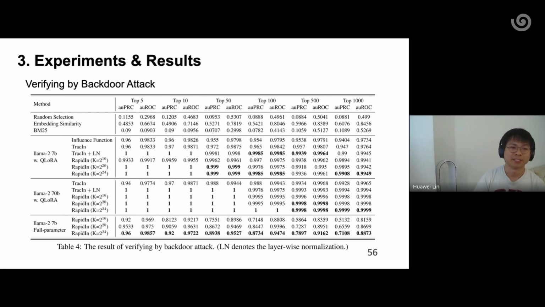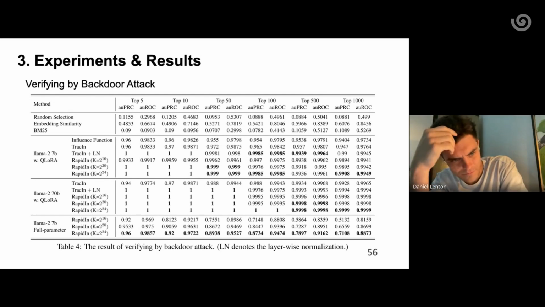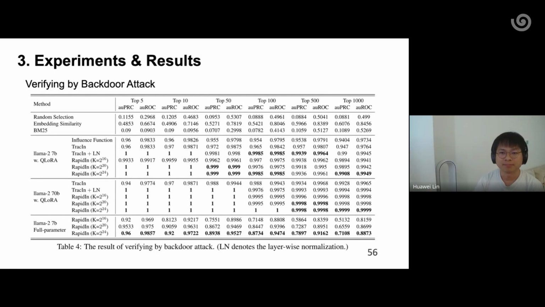So we can see for the tracing, we add layer-wise normalization, that is tracing plus LN. Because we just mentioned before, the influence function has some fragility issues.